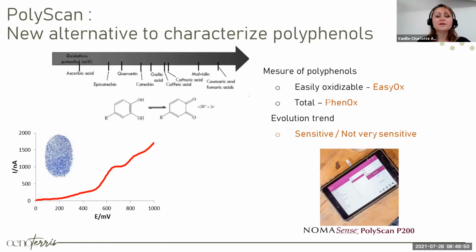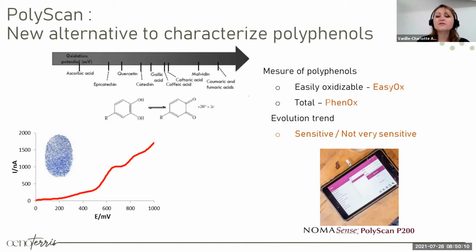And from this measure, thanks to specific calculations that were determined by WQS by Vinvention, they're able to calculate 2 different indexes that give information about polyphenols. These indexes are EasyOx and Phenox.